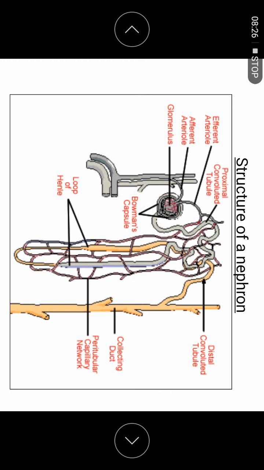That bowl contains a lot of blood vessels, blood capillaries. So this capillary will push everything in the blood in high pressure inside the tubule. The grey color is the tube, so inside the tube.